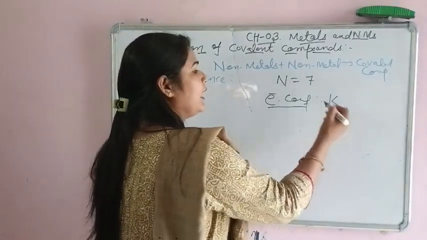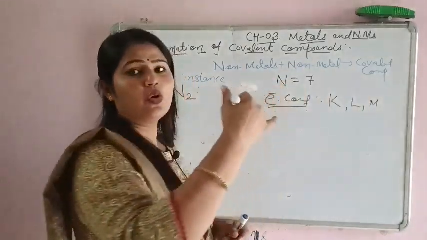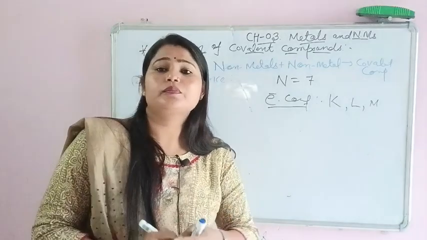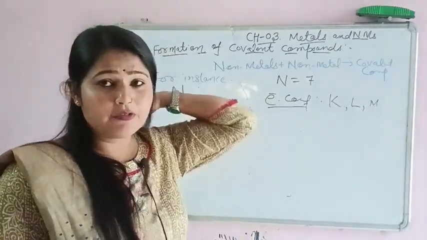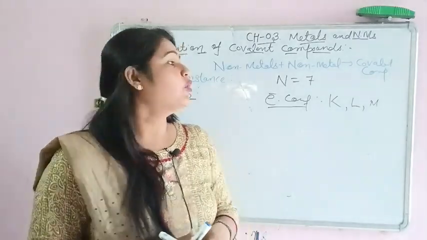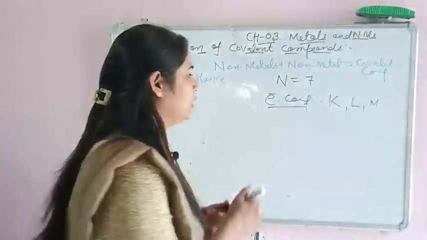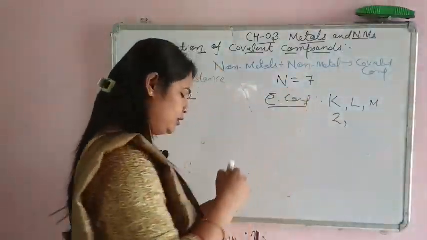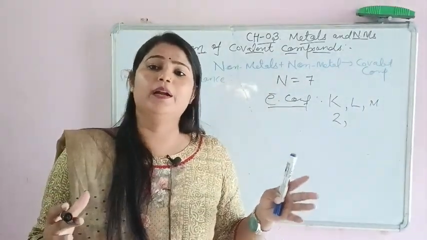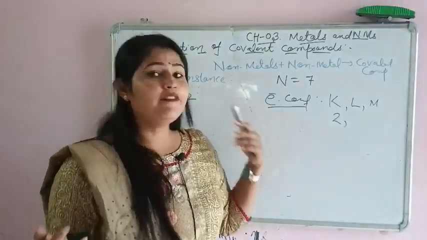The first shell is the K shell, the second shell is the L shell, then M, and so on. We have 7 electrons. A maximum of 2 electrons can be present in the first shell, so we give 2 electrons to the first shell. The second shell can contain a maximum of 8 electrons, but right now we have only 5 electrons left.